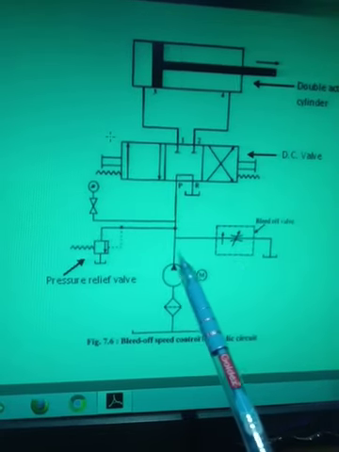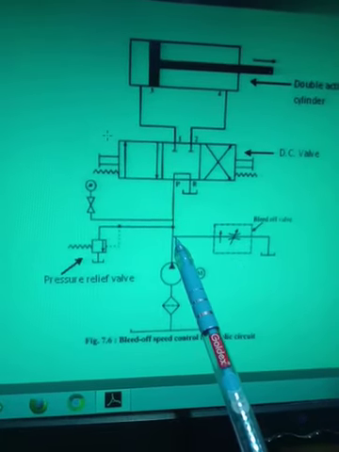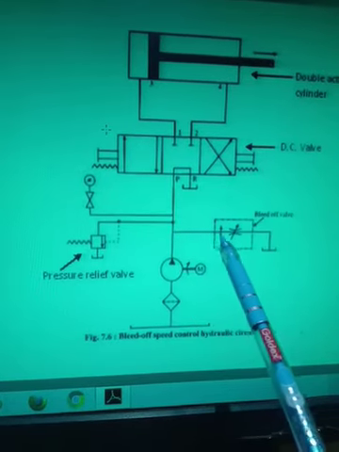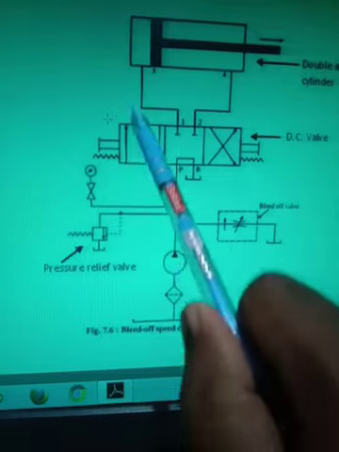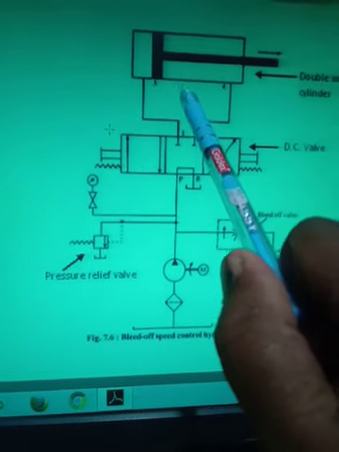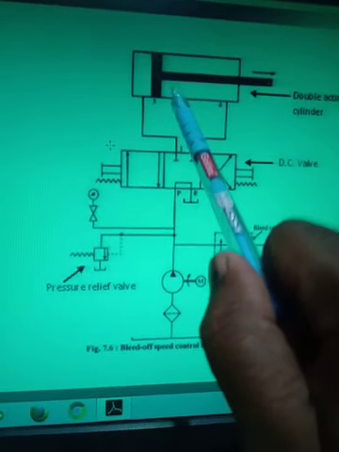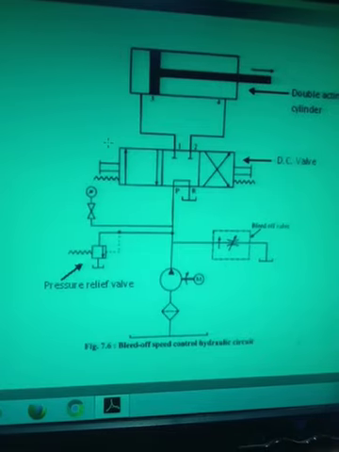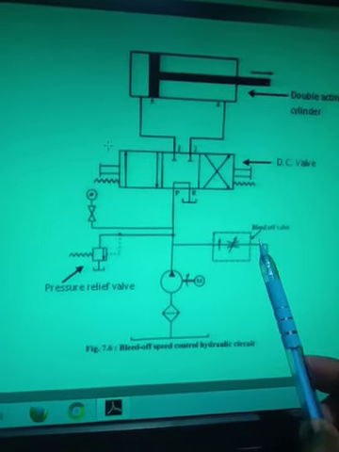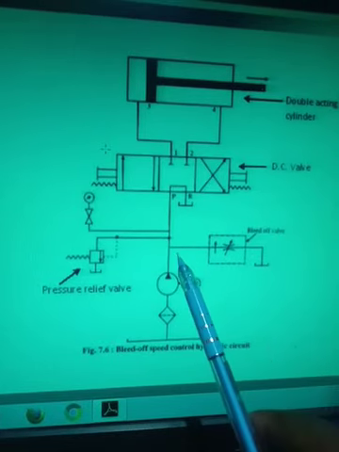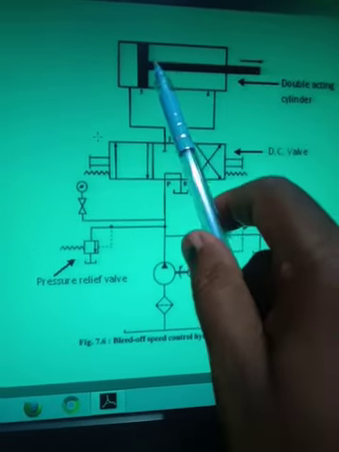It means whatever oil is coming from the pump, 50% of that oil will be taken out here, right? Only 50% oil will go to the actuator, and due to that the speed of the actuator will get reduced, because I am already taking oil out here, and therefore the speed of the actuator can be controlled here.